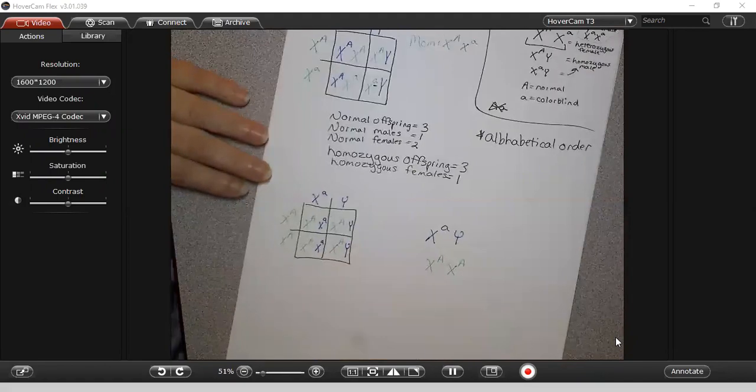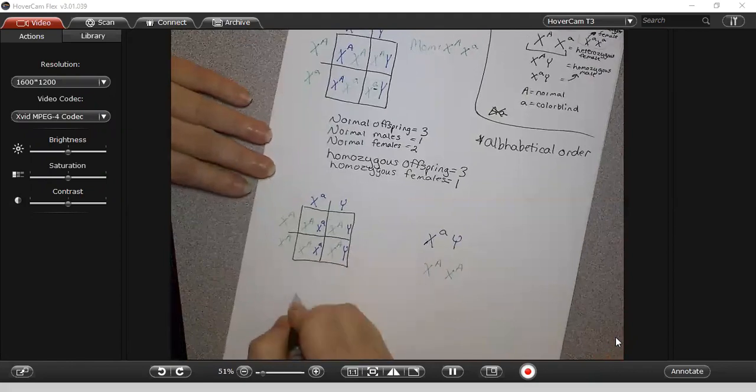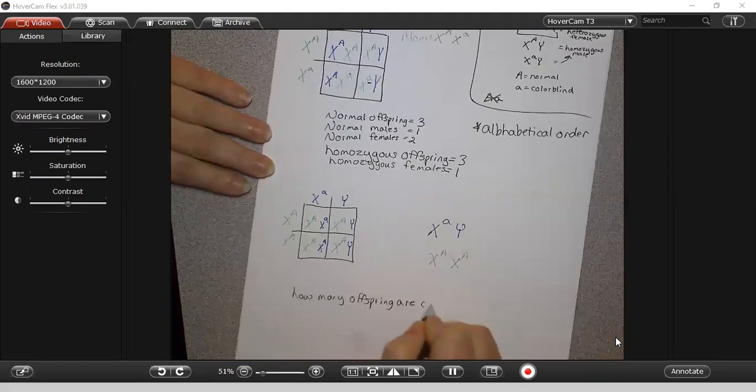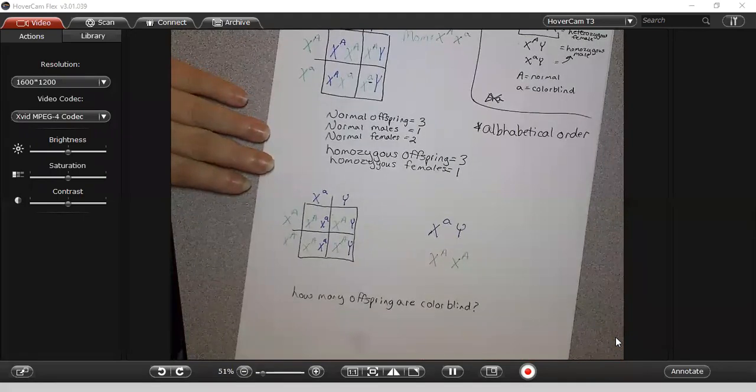And then how many offspring are colorblind? None of them, right? Because all 4 of these have at least 1 capital A. So they are all going to be normal.